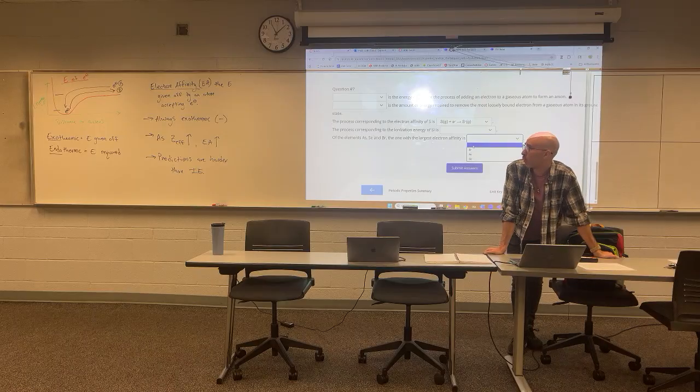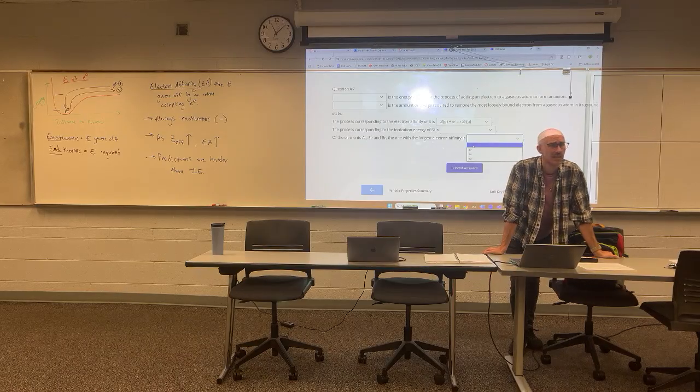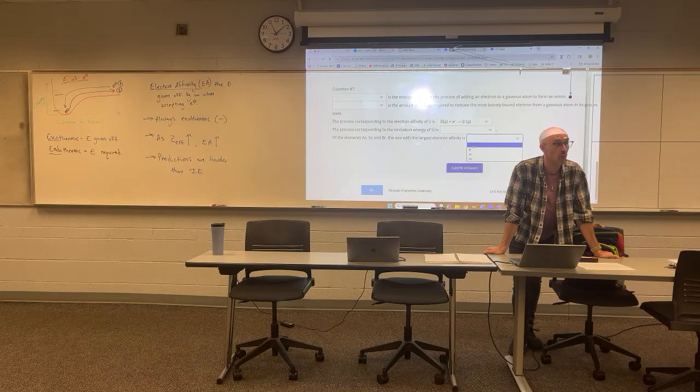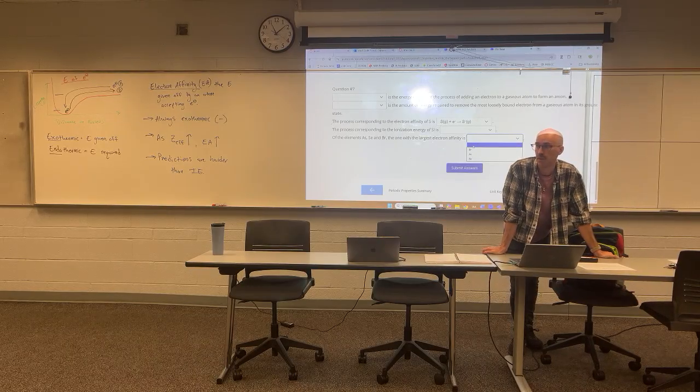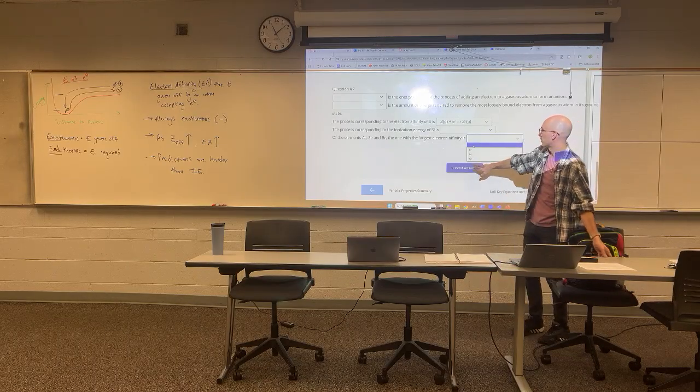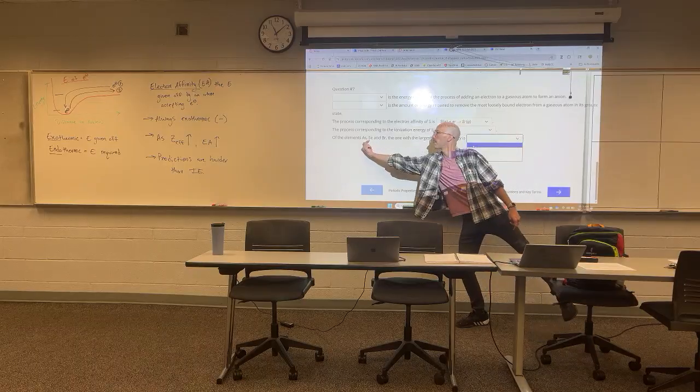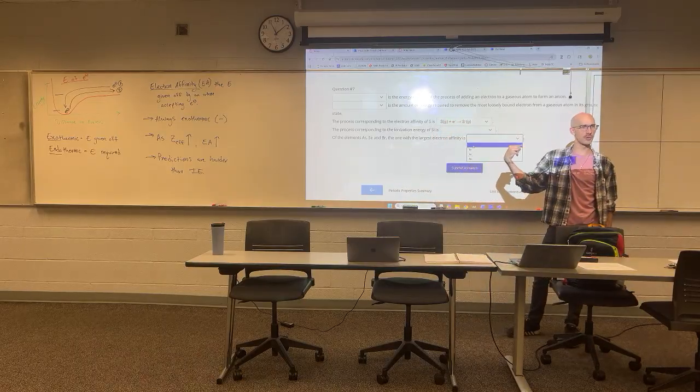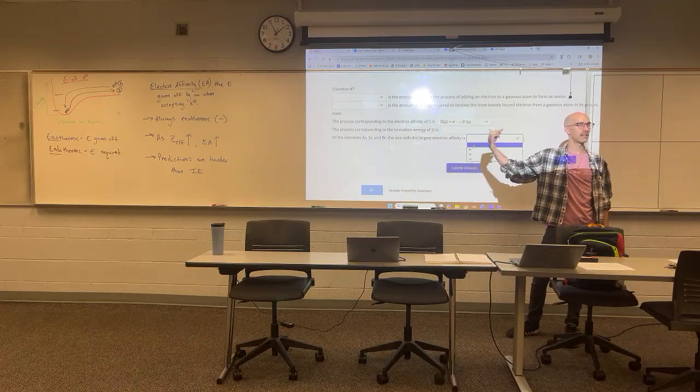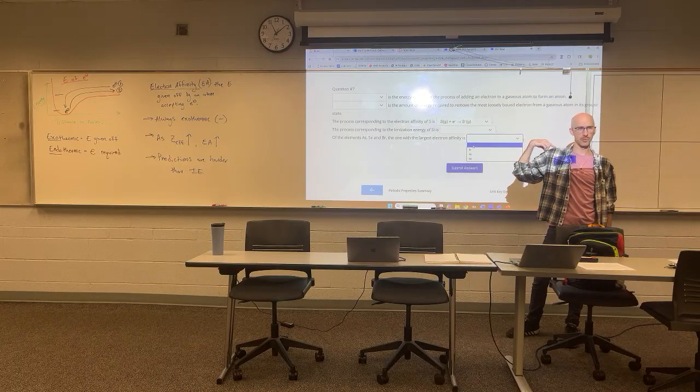What's basically our one and only trend? As effective nuclear charge increases, the electron affinity increases. More energy is given off by that atom that pulls on electrons harder. And by the way, this is across the row to the right. How does effective nuclear charge change? It increases across the row. So which one? Bromine.